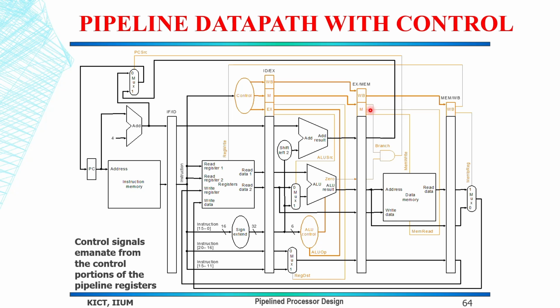Similarly, this pipeline register also has the data portion and its control signals, and this one as well has the data portion and the control portions for write back. So again, in a pipeline processor, control signals are generated once in the ID stage, stored in the pipeline registers, and then emanate from those registers to the EX, MEM, and write back stages, ensuring each instruction has the right control signals at the right time.